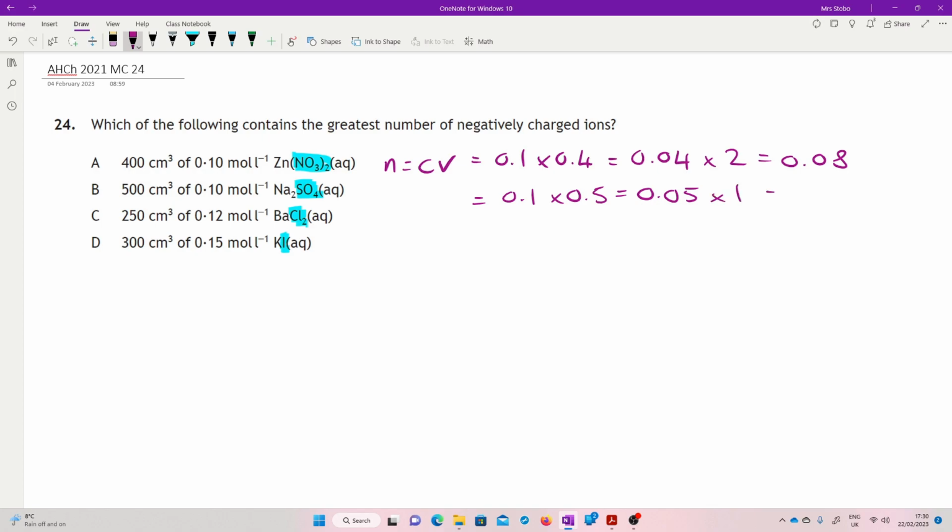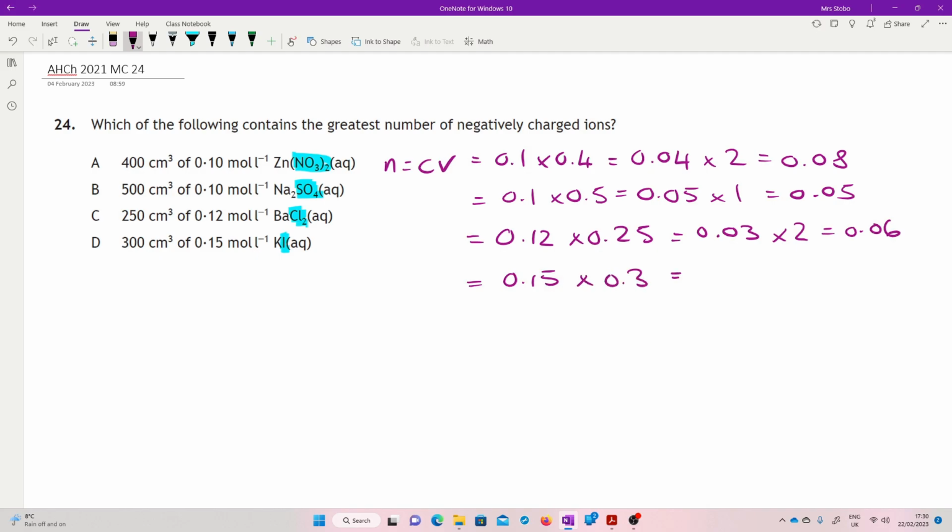If you want to make it look pretty and in the same format, you could do the times 1. Next one is 0.12 times 0.25 is 0.03. This one is another multiplier by 2, so 0.06. And your last one is 0.15 by 0.3, which means you've got 0.045 times by 1 is 0.045.